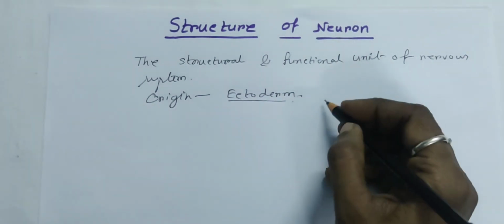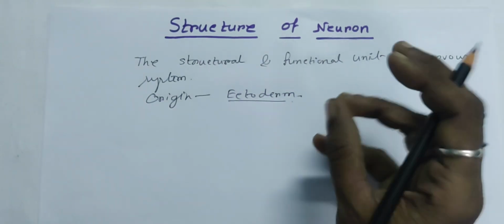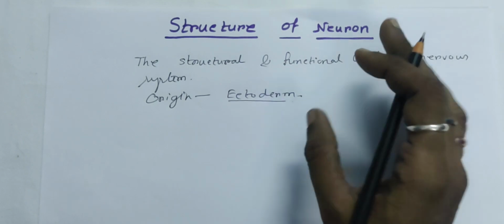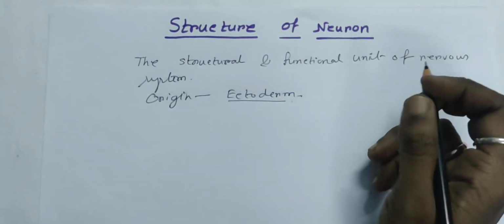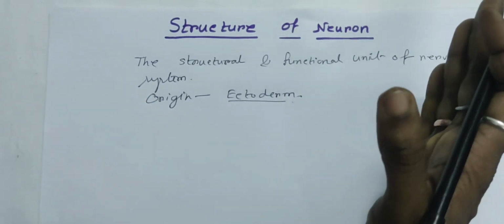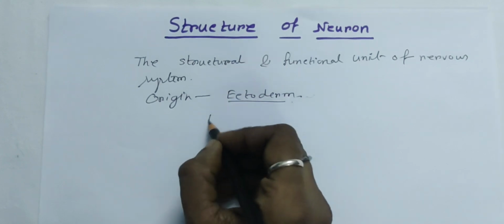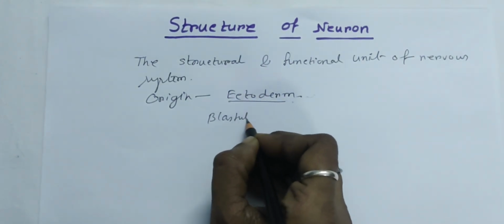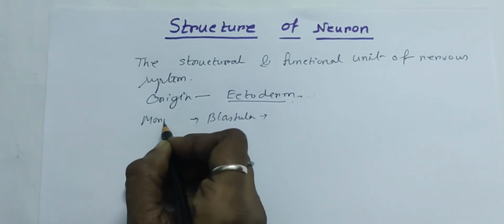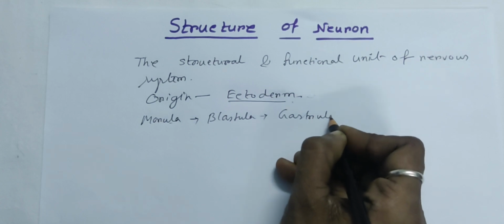We have already learned that when the zygote is formed, it develops. After the formation of the zygote, it develops. On the way of development, there is cleavage. First morula, blastula and gastrula.